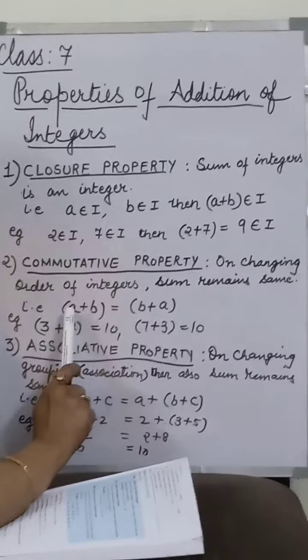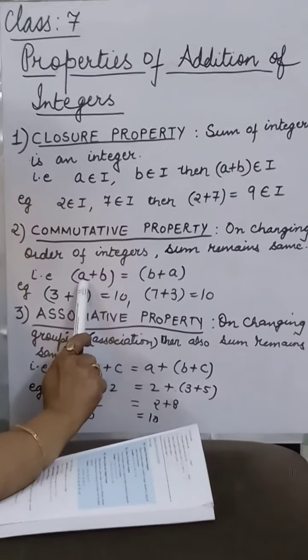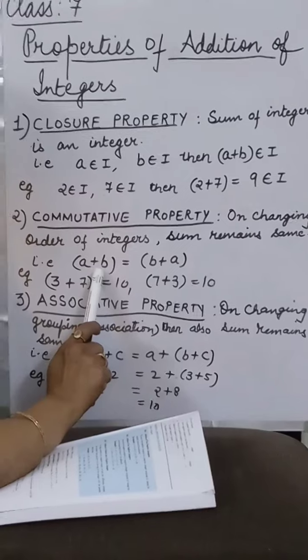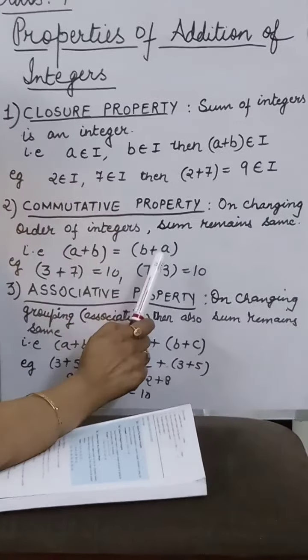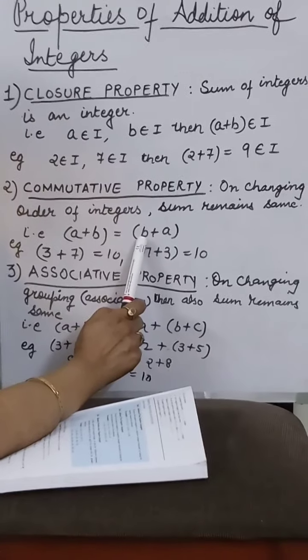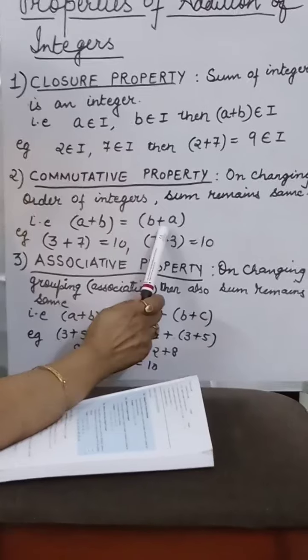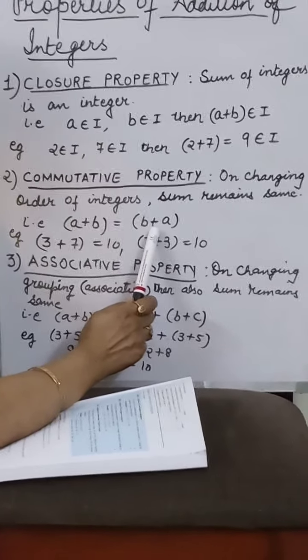Suppose we have two numbers A and B, and firstly we write A, the sum becomes A plus B. Again, if we change the order, that means instead of writing A first we write B, then the sum will become B plus A. And if both are the same, then commutative property holds.